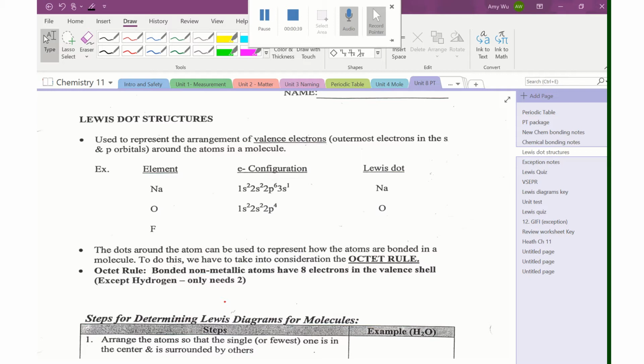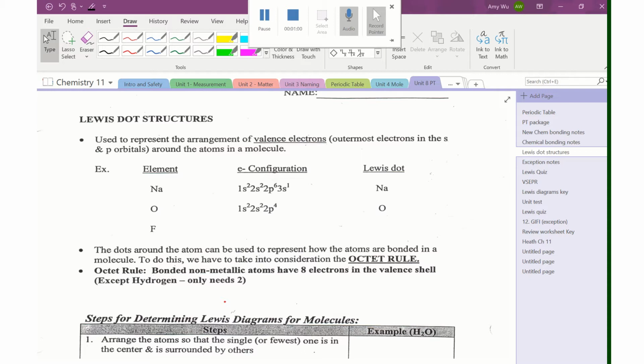And remember, last class we learned the different types of bonding: ionic bonds, covalent bonds and polar covalent bonds. For covalently bonded structures, they are bonded together because they share pairs of electrons.